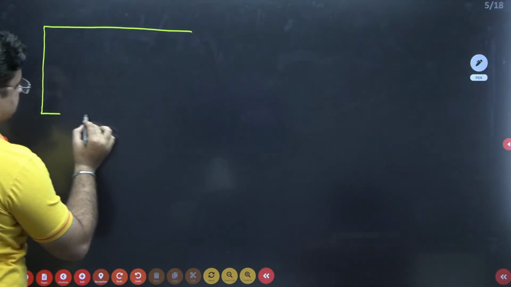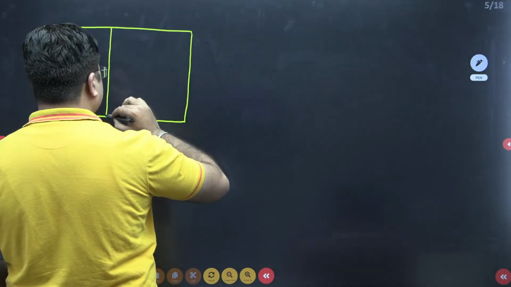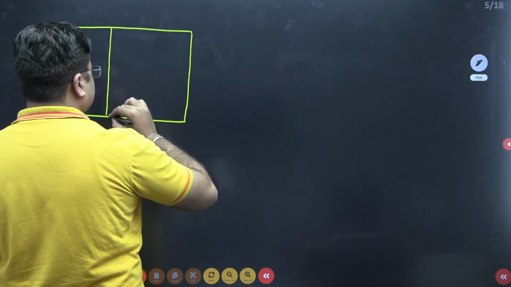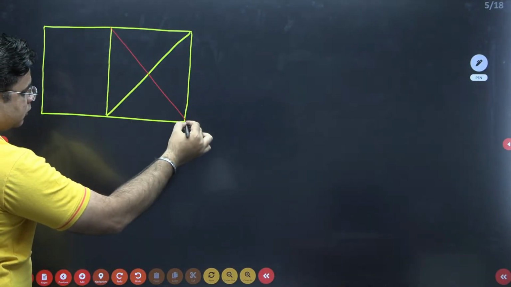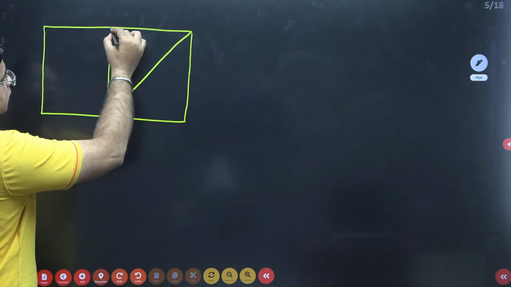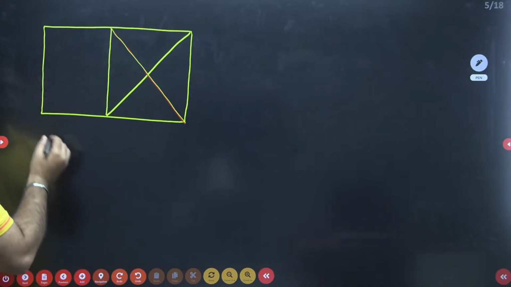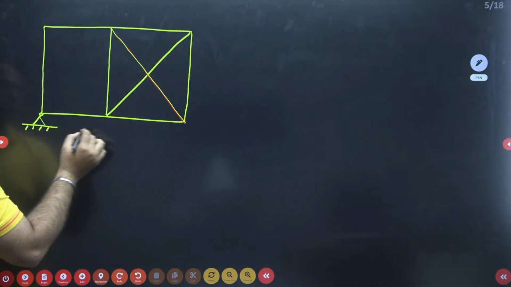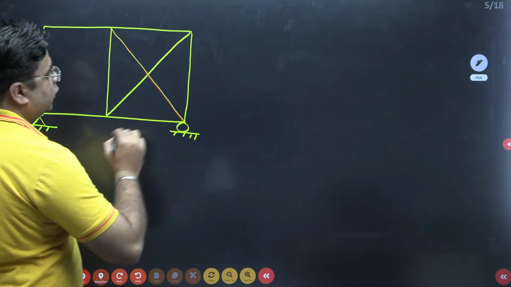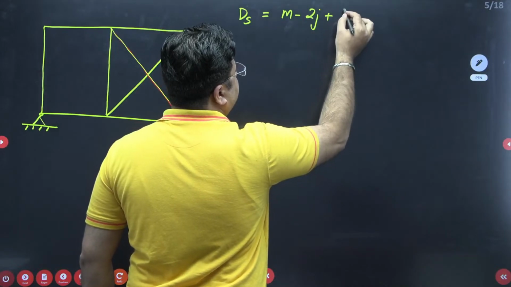This is a pin jointed truss. For this pin jointed truss, the degree of static indeterminacy, DS, is M minus 2J plus R, right?